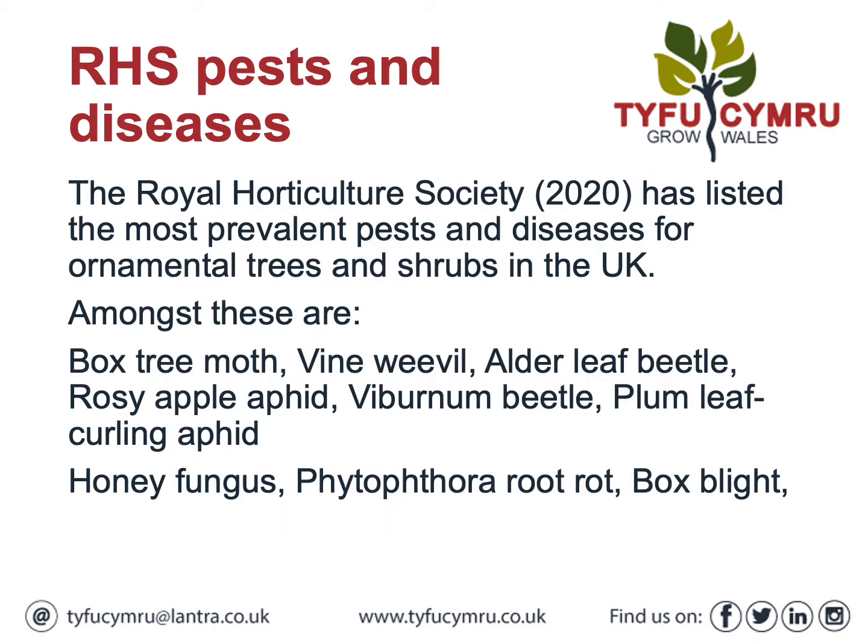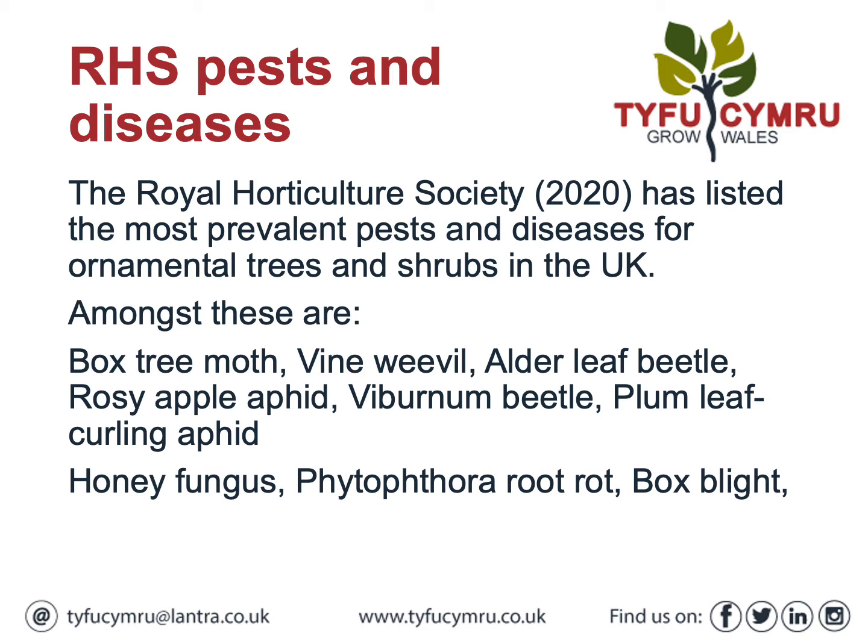Now, I mentioned that there were a lot of threats from pests and diseases coming into the country. And in fact, the Royal Horticultural Society has listed the most prevalent pests and diseases that are occurring for ornamental trees and shrubs in the UK this year. And I've picked out some of those, just as examples that RHS members have noticed.